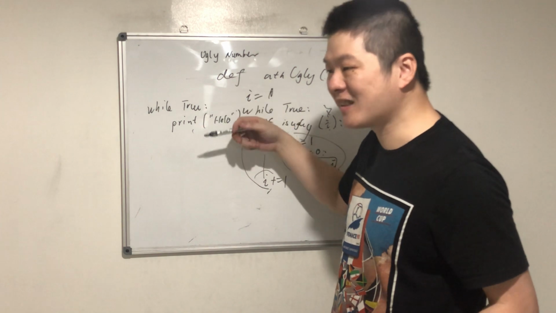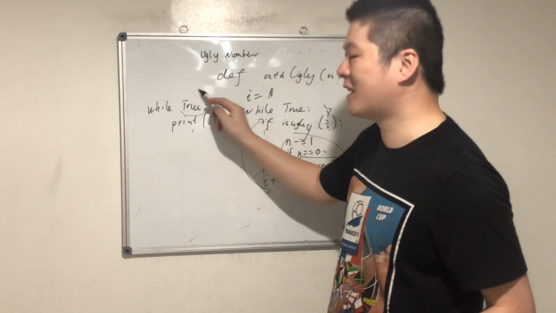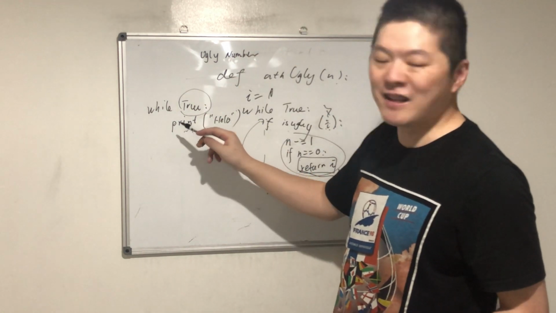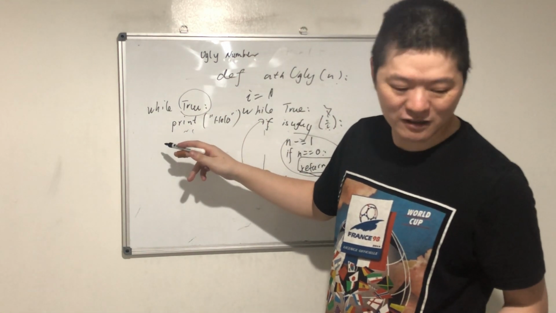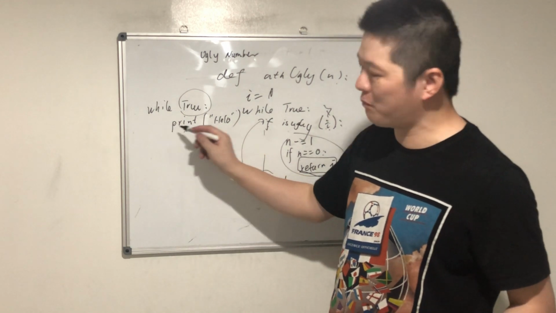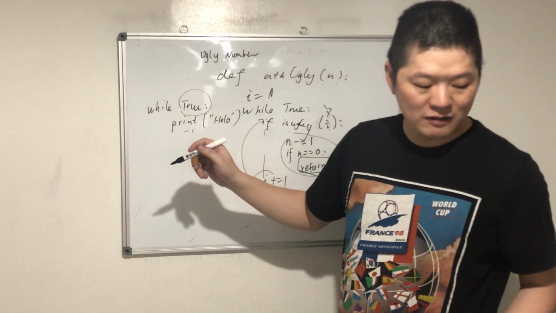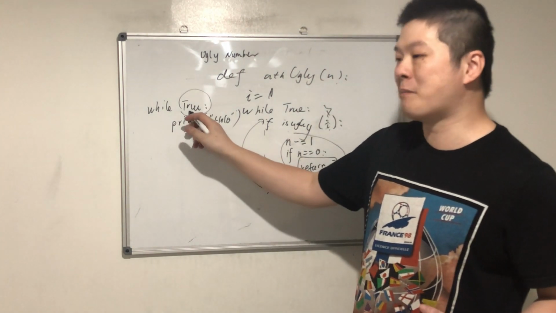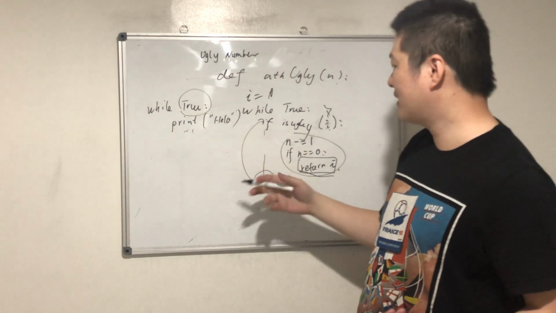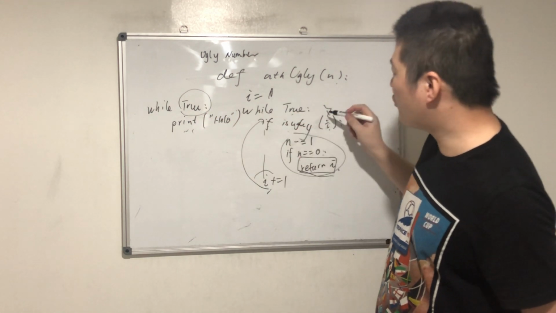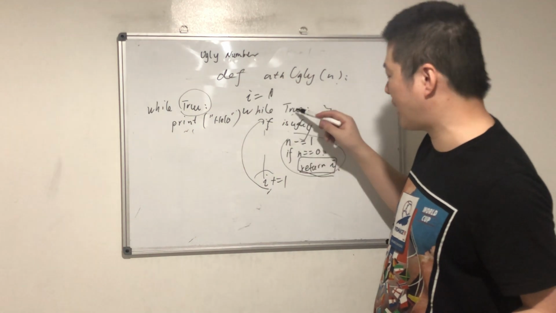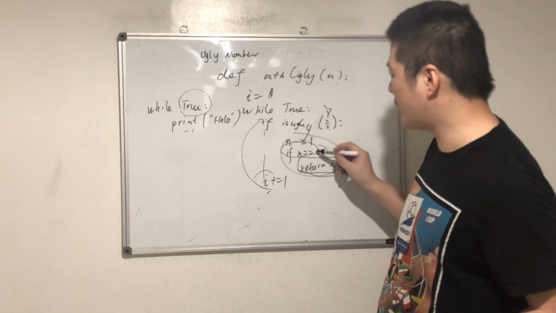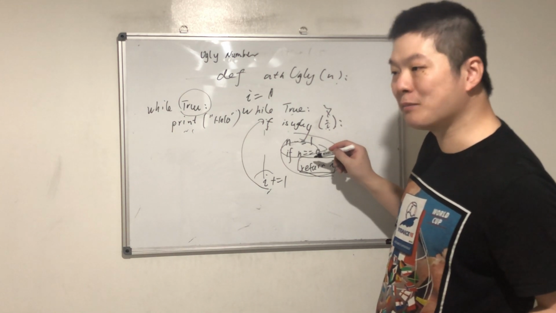You will not exit, because the condition is always true. It's not a finite number of times; it's infinity, endless. True is always true. So with while true, the loop exits only when n reaches 0. Does it make sense?